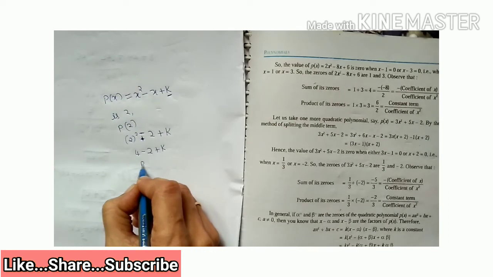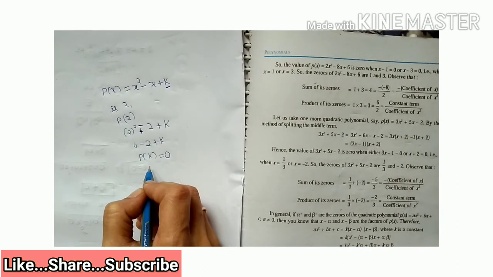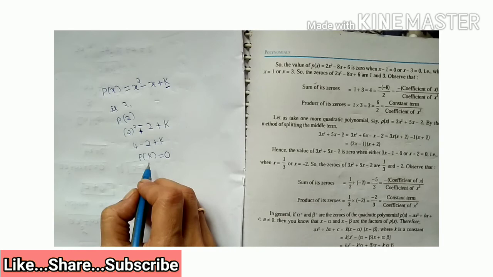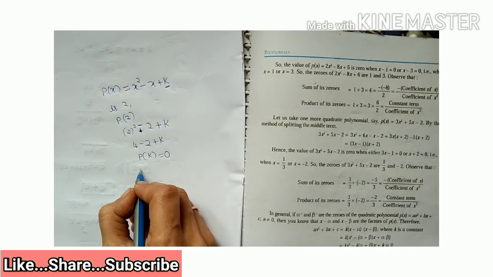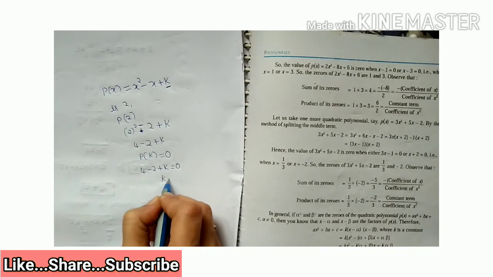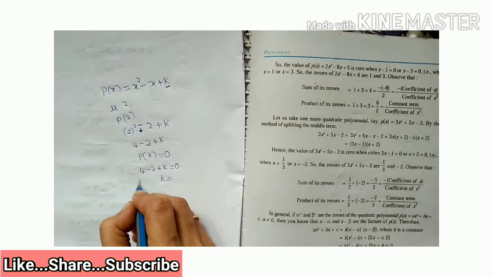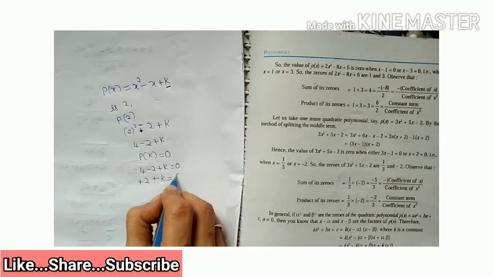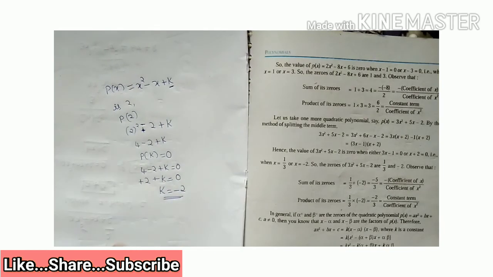If p of k is equal to 0, k is called the zero of the polynomial. Therefore, 4 minus 2 plus k is equal to 0. Therefore k is equal to minus 2. Here the value of k is minus 2.